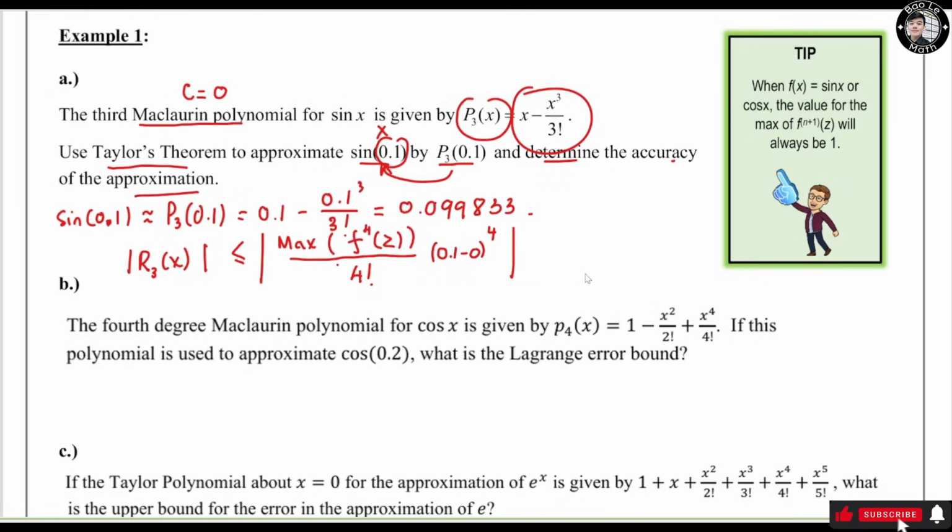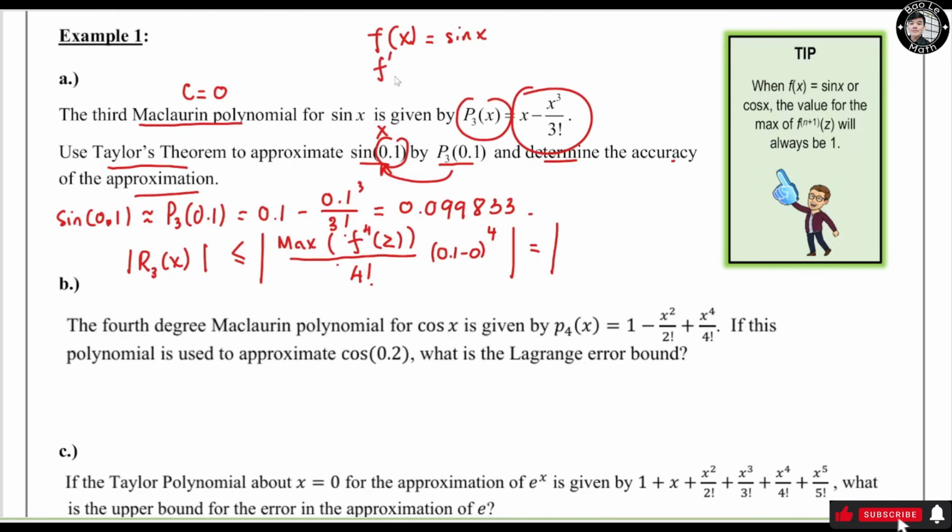Now I'm going to simplify this. You know that the function f(x) equals sine x.